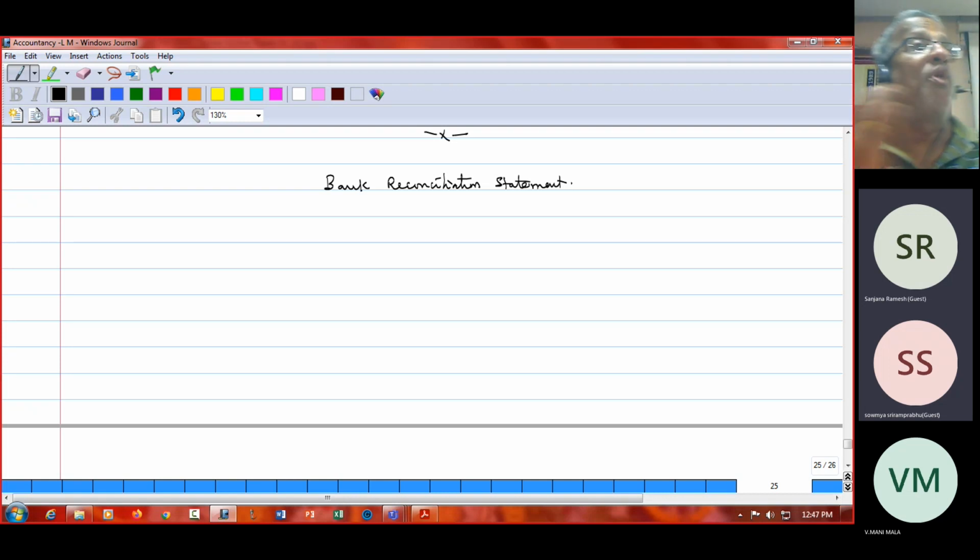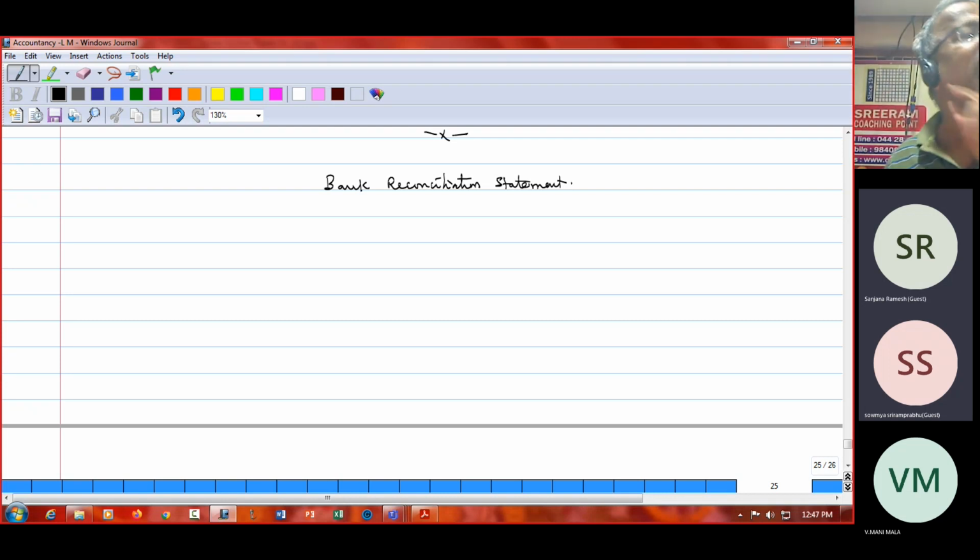Therefore, at a point of time when your books of accounts show so much of balance, the bank is reporting a different figure. We want to know what is the cause for the difference between the two.